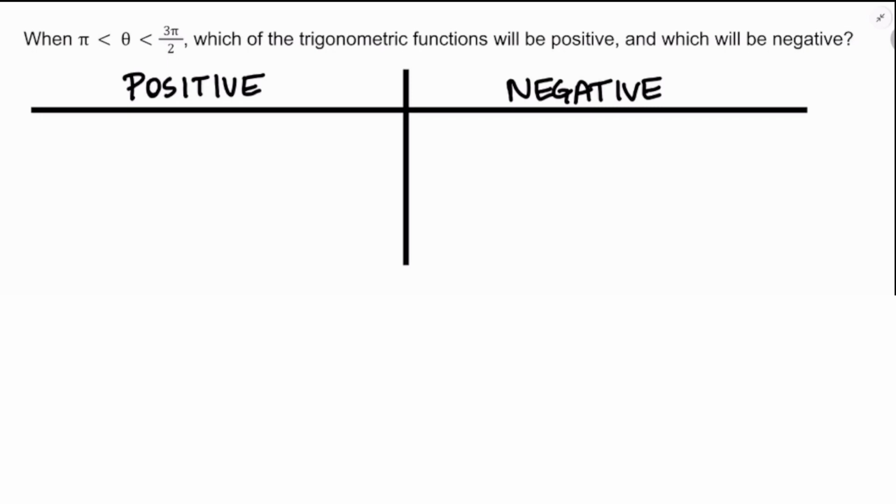Now, while I'm on the topic of positive and negative, I figured I might as well go ahead and answer this question. When theta is between pi and 3 pi over 2, which means the third quadrant, which of the trigonometric functions will be positive and which will be negative? Okay, so if I drew you a sample reference triangle, doesn't matter where it is, and just label the sides as positive, negative, both were negative, we saw.